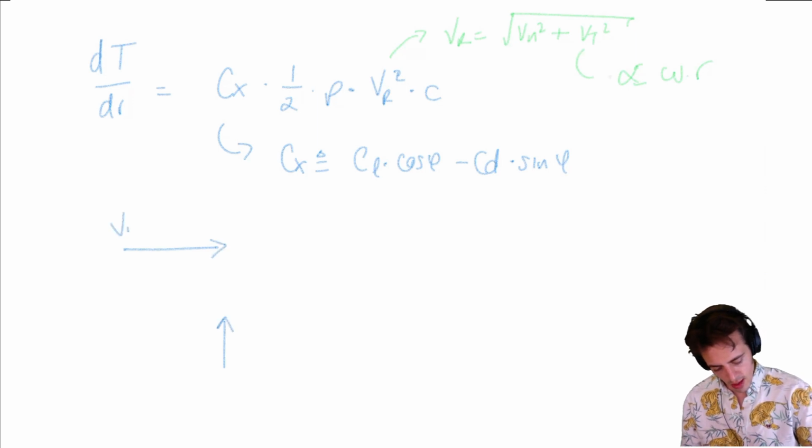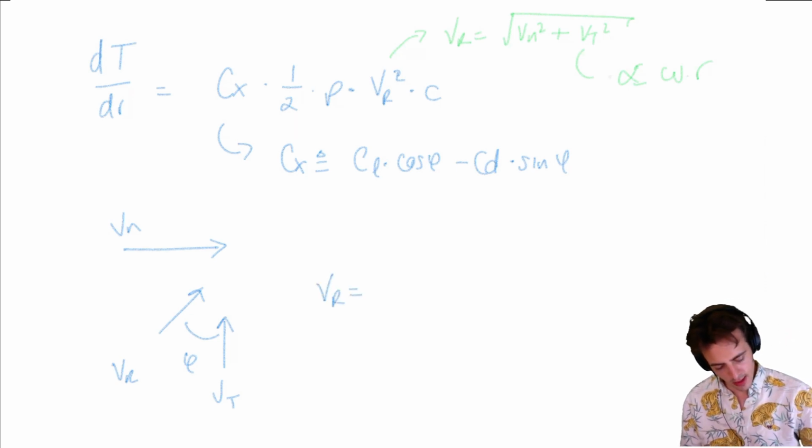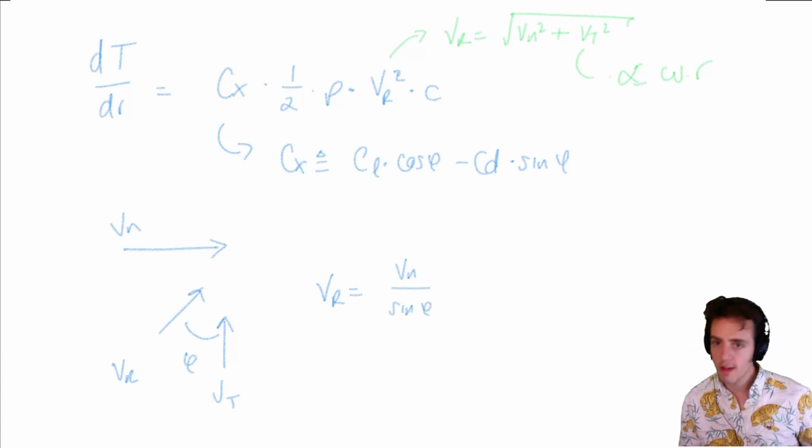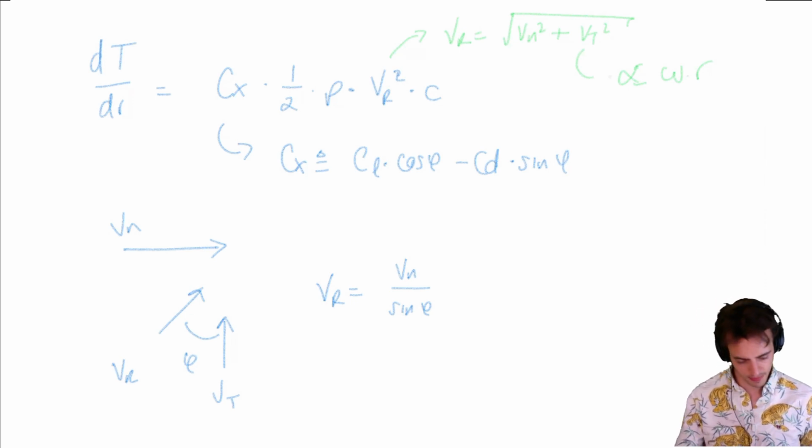So if we have Vn, Vt, Vr, and the angle between these is phi. So we can see here that Vr is equal to Vn divided by sine phi. So wherever I've got a Vr, I can just replace it with Vn divided by sine phi.